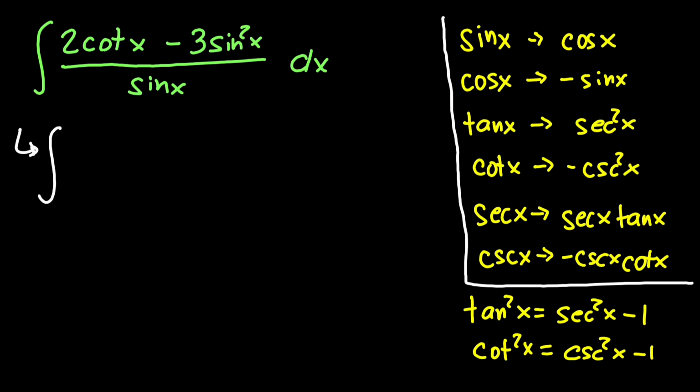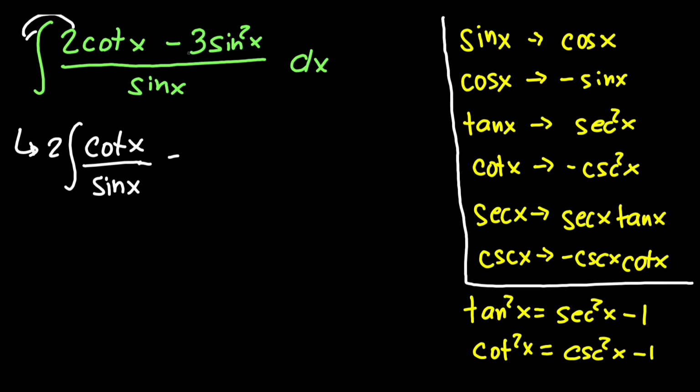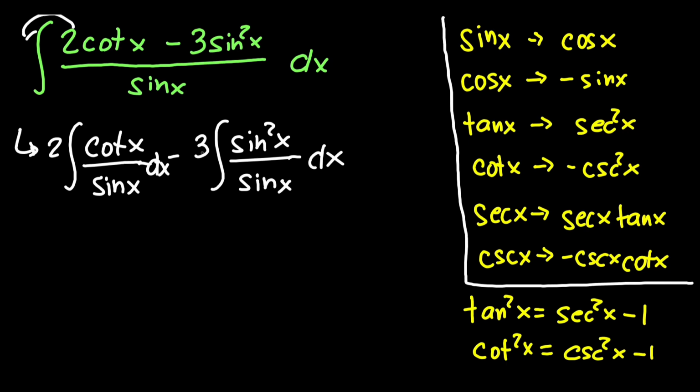We can actually put 2 outside now, the integral. 2 integral of cotangent of x over sine of x minus 3 sine squared x, so put 3 outside, sine squared of x over sine of x. Wait, this should be multiplied by dx.